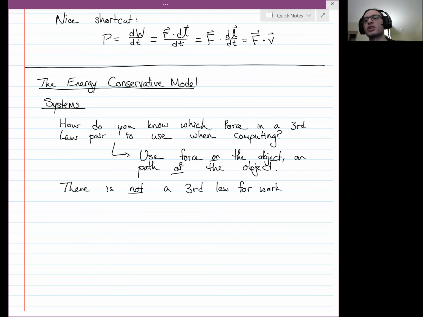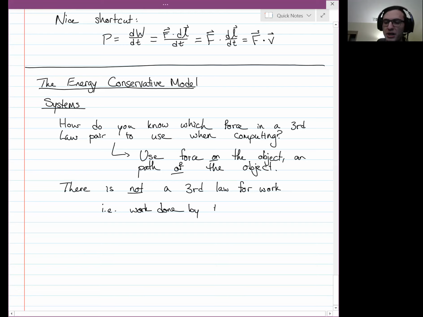They'll both do work on each other because they're both exerting forces, assuming they're both free to move, but they're not necessarily equal in magnitude at all. A good example of this is that the work done by the Earth on a falling apple is much larger than the work done by the apple on the Earth.